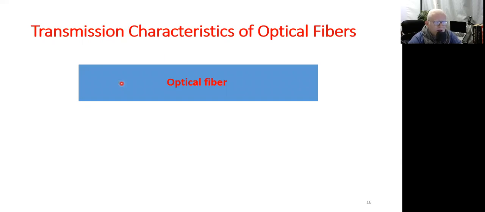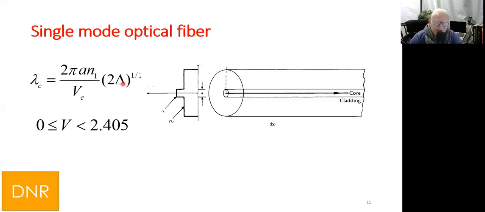Now we will start dealing with the input-output relationship of an optical fiber. In the first part, we were interested in the construction of the optical fiber, either step or graded, the core and the cladding, the refractive index, the numerical aperture, the acceptance angle, all this stuff.